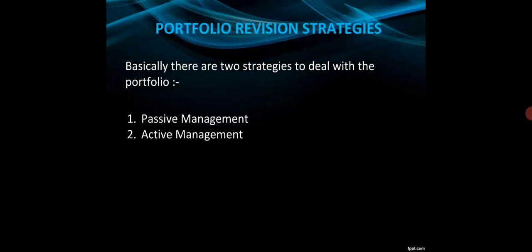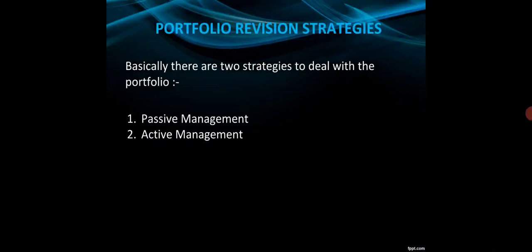Again, in active management, the investor is going to change the portfolio mix when there is a sudden change in the market. When there is a change in the market, there is a change in the portfolio. If the change is positive, then the investor is going to make a positive change in their portfolio mixture.